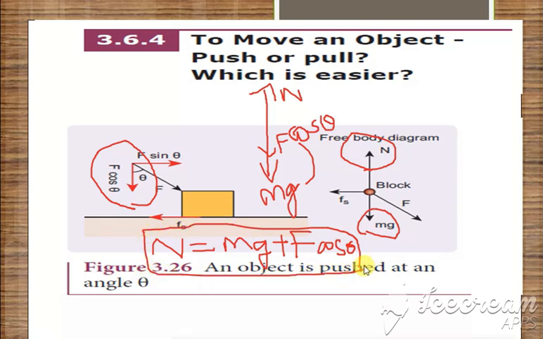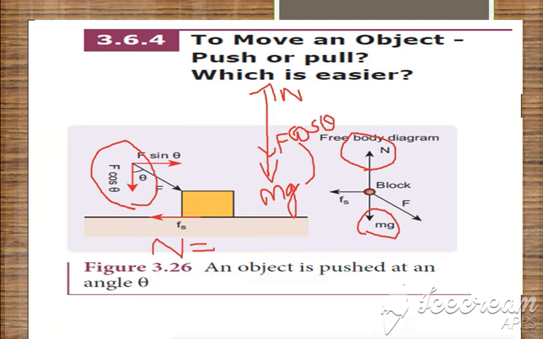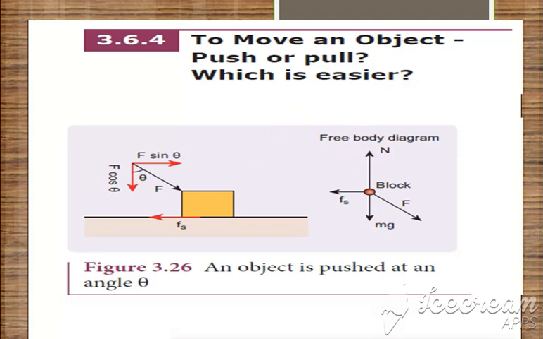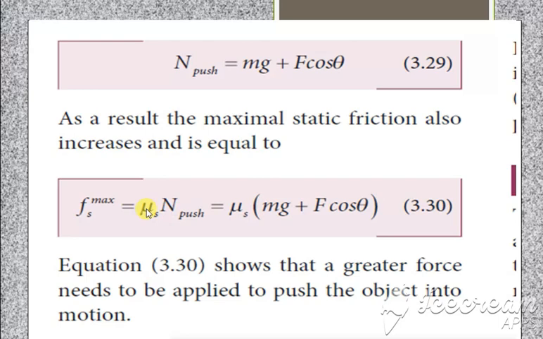Okay, taking this equation, we are also going to take the equation from static friction. The equation from static friction is f of s is equal to mu of s into n. So first we write the first equation as it is: n, since we are pushing it, we write n of push, which is equal to mg plus f cos theta.